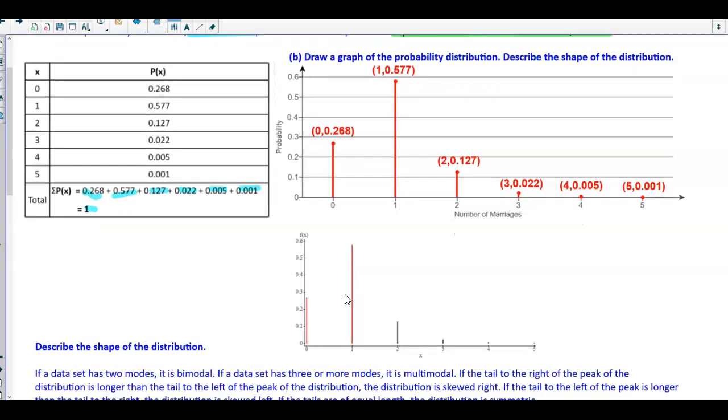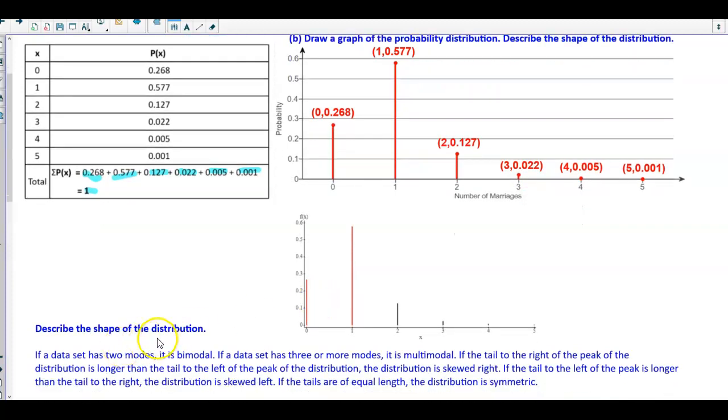Now the next question is asking us to describe the shape of the distribution. It says if a data set has 2 modes, we would call that bimodal. If a data set has 3 or more modes, we would say that it is multimodal. If it was uniform, it would be all together.